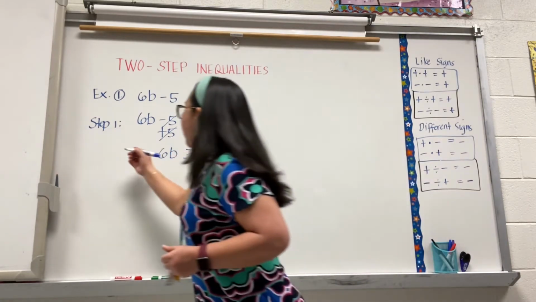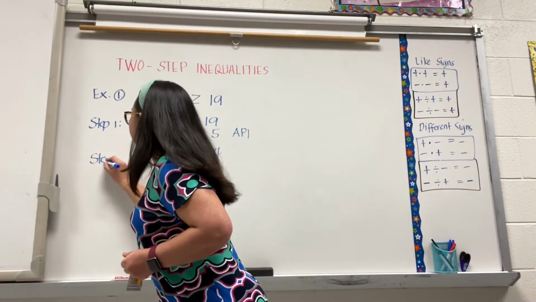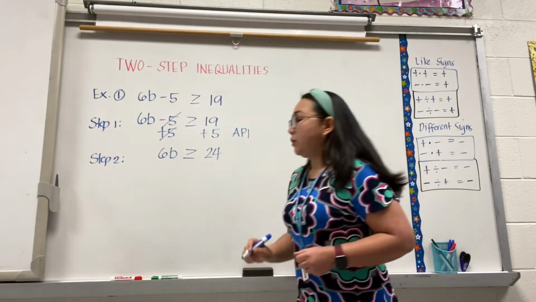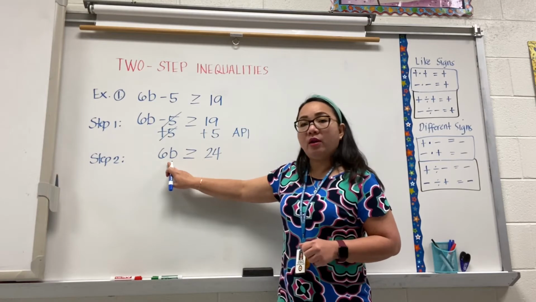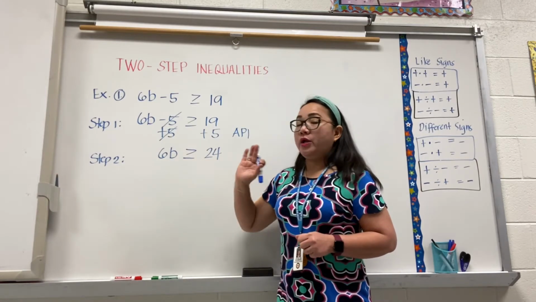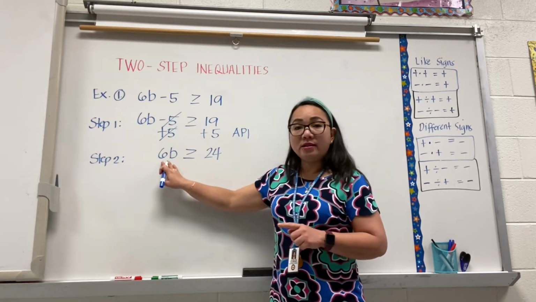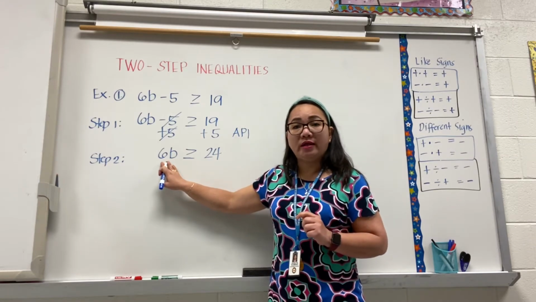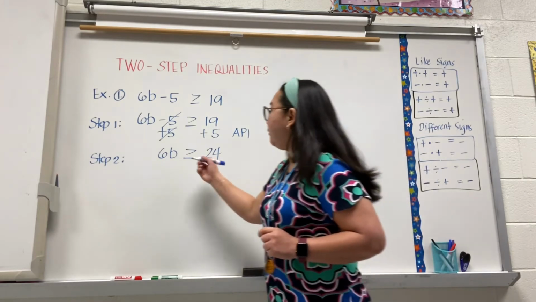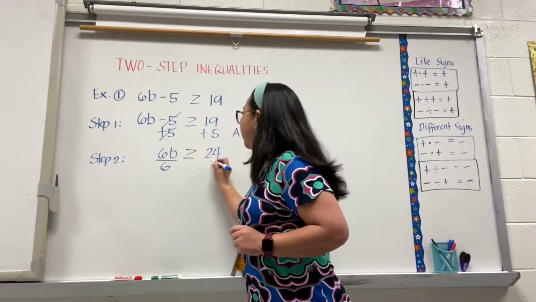Now we will proceed to step number 2. Here we notice that 6 is multiplied by the variable b. When you see multiplication like this, you have to get the inverse of multiplication, which is division. So we will divide both sides by 6.